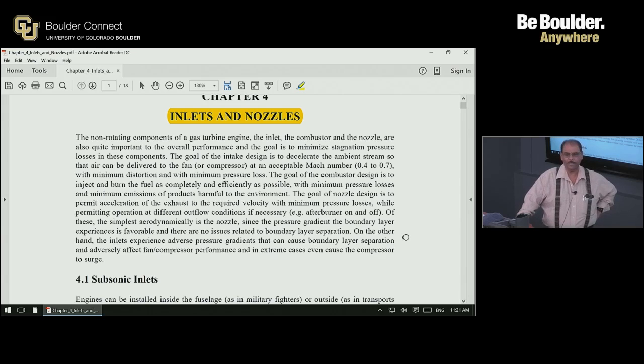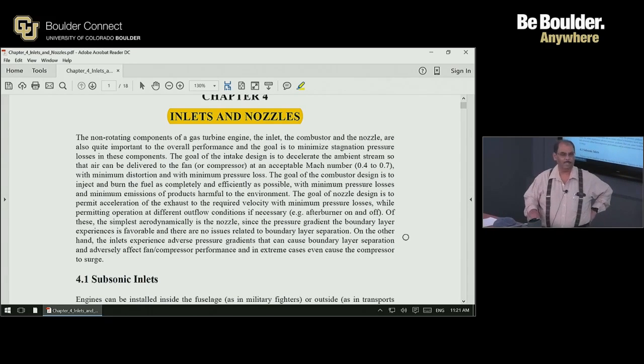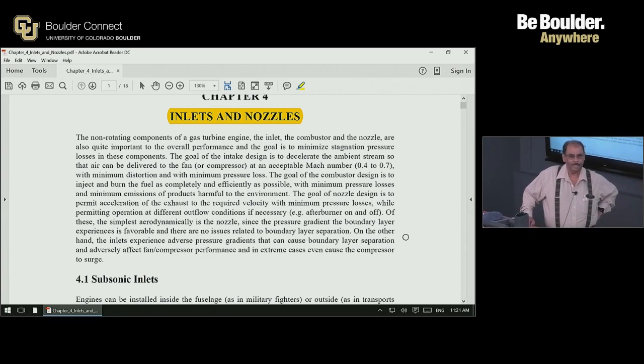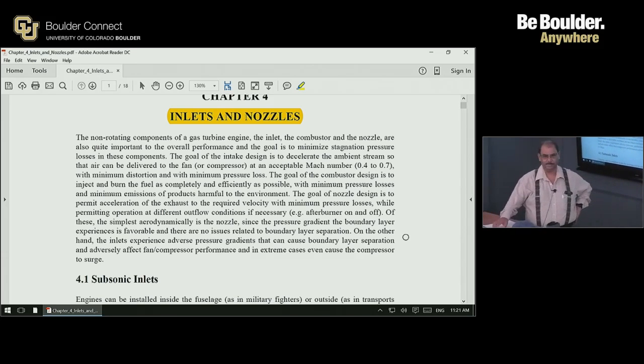That is the most important function of the inlet: deliver the required mass flow rate at the required Mach number and do it with minimum distortion. That is simply because, at least the current engines don't tolerate flow distortion much. And it is quite possible that if the distortion is excessive, the compressor can stall or surge. And that is, of course, not allowable.